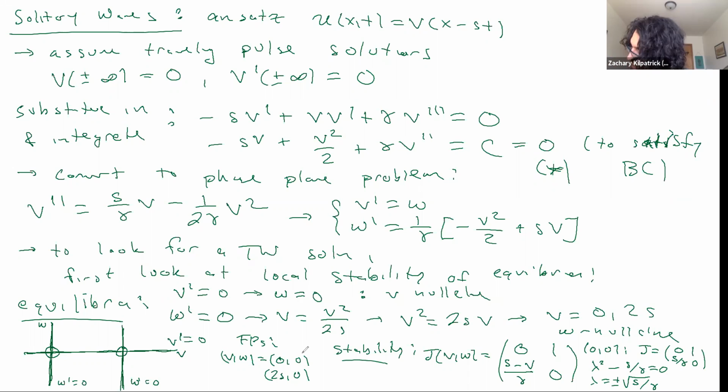So that means that my fixed point 0, 0 is a saddle point, okay? So that means I have some directions that come into it along which it's stable, and some directions along it that are unstable, okay?